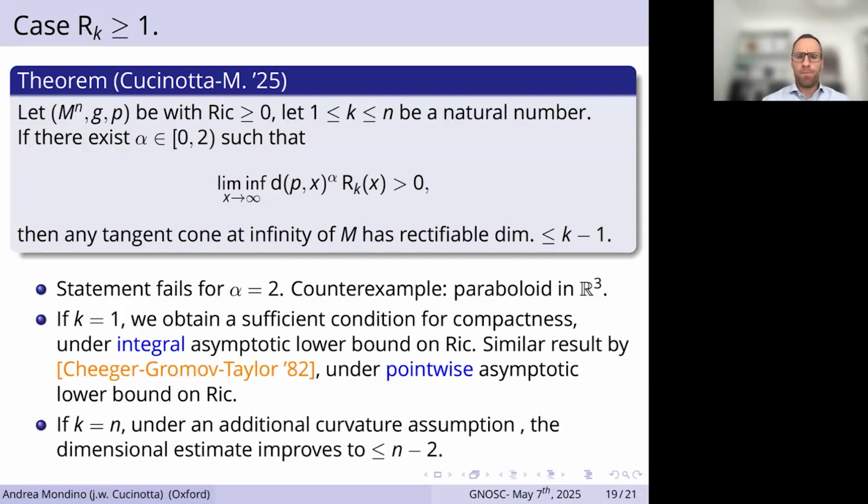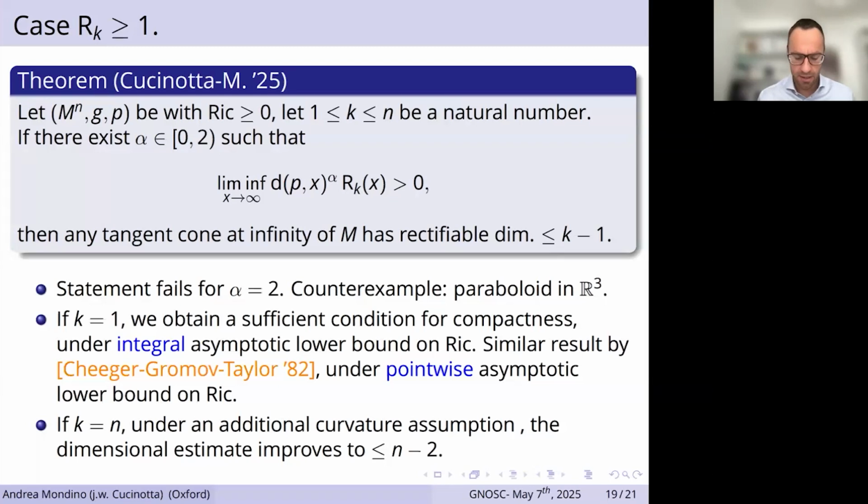Now, when k is equal to n, so when we have scalar curvature, as Bernard was saying before, one could expect to improve the dimension by 1 further. So we could expect that the tangent cone at infinity is rectifiable of dimension n minus 2, and we can prove that under an additional curvature assumption, which is on the n minus 2 Ricci curvature.